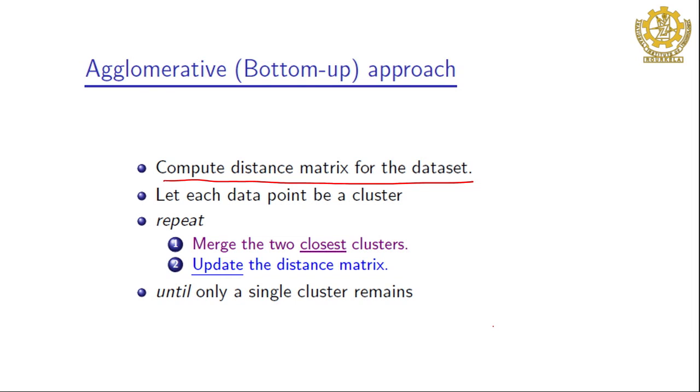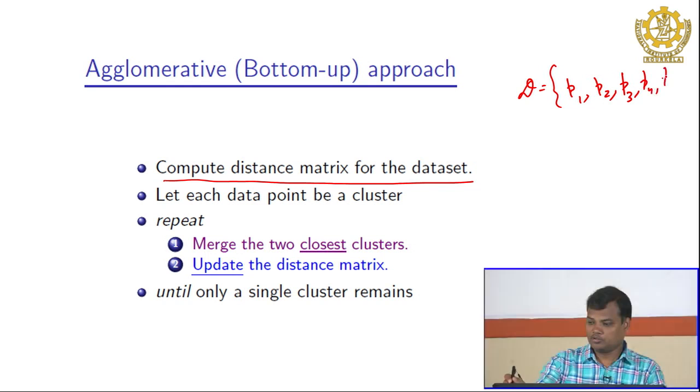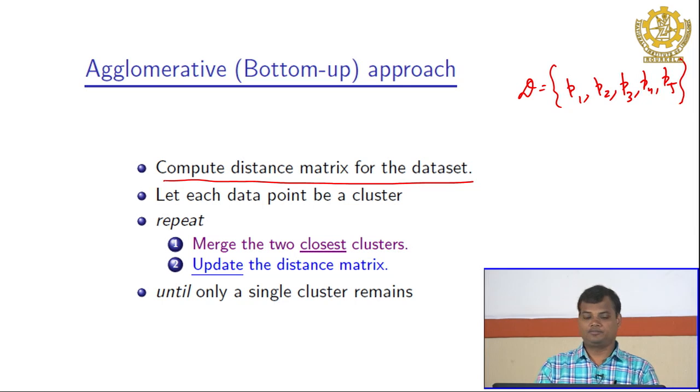What is a distance matrix? Suppose in the data set you have the points, let us say P1, P2, P3, P4 and P5. So, you have 5 points. The task is to find the distance matrix.